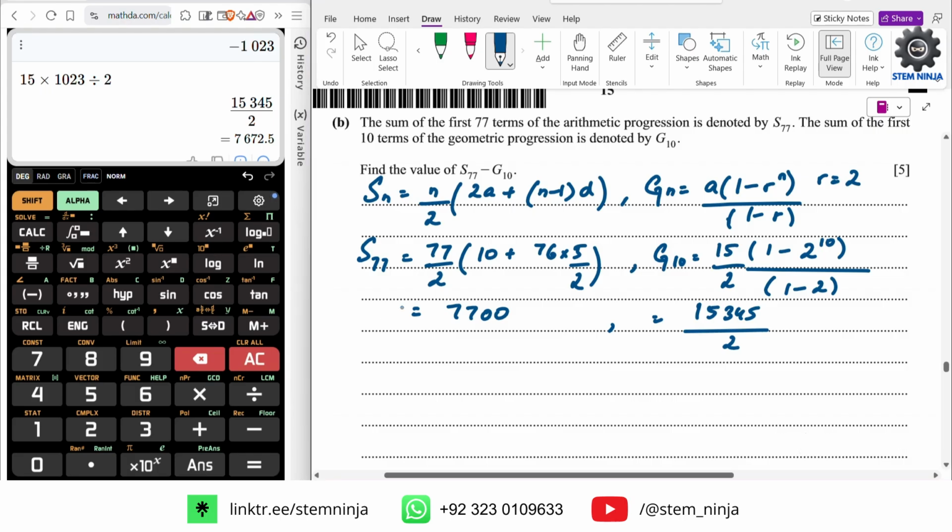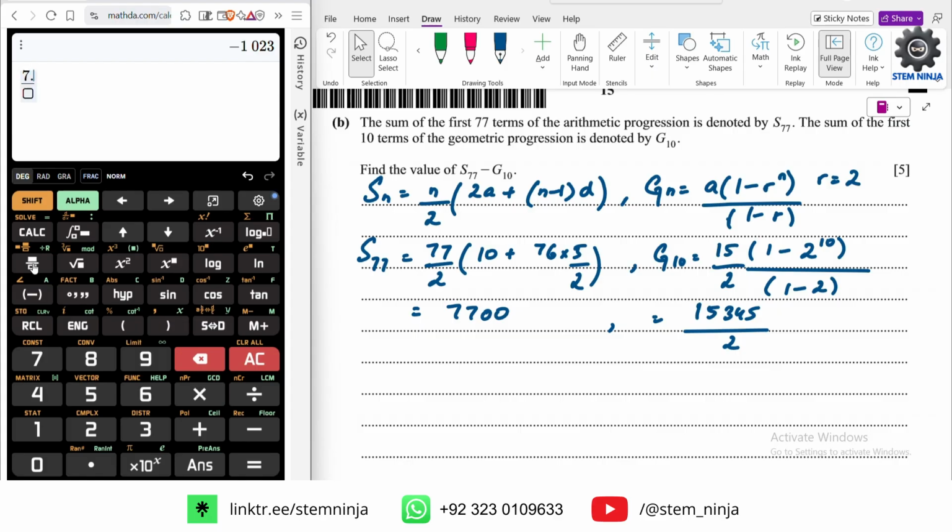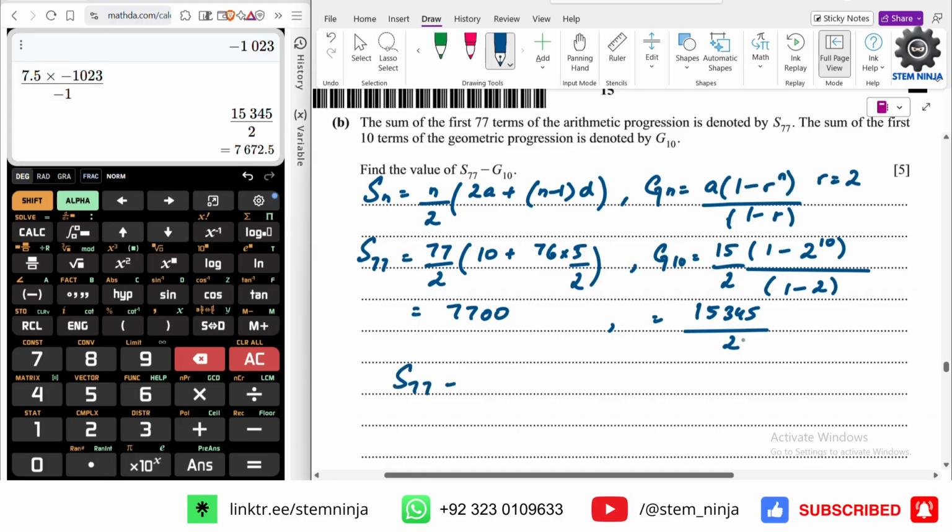And the first term is 7.5. So we are correct, but let's do it this way: 7.5 times minus 1023 divided by minus 1. Alright, okay.